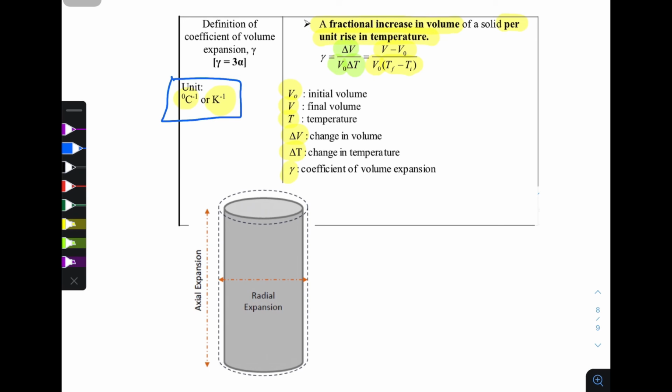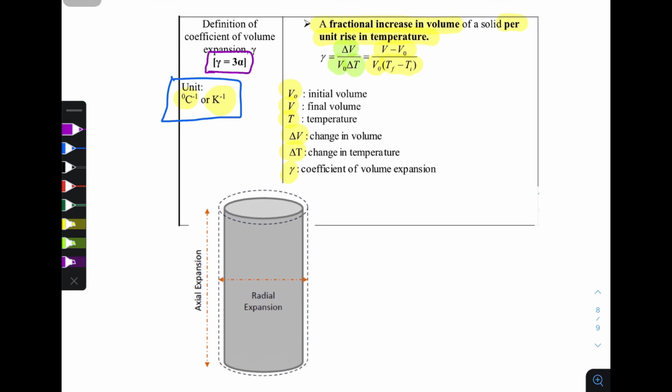Additionally, you need to know that the coefficient of volume expansion gamma equals 3 alpha.